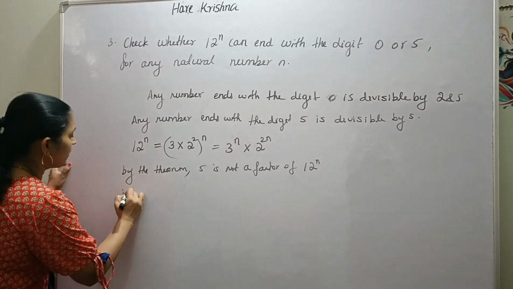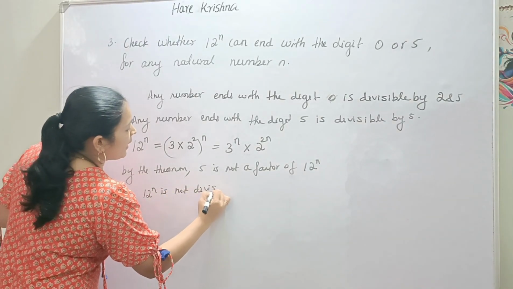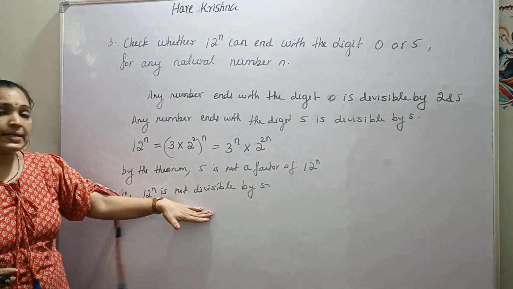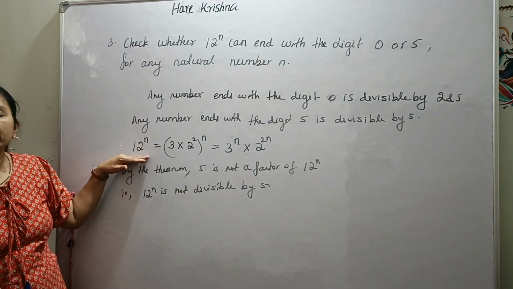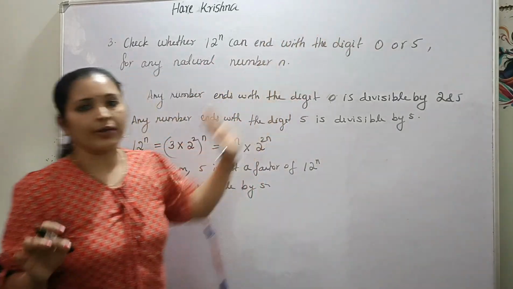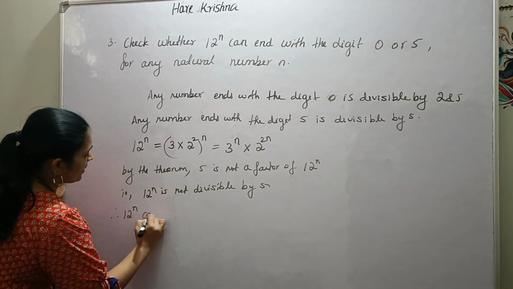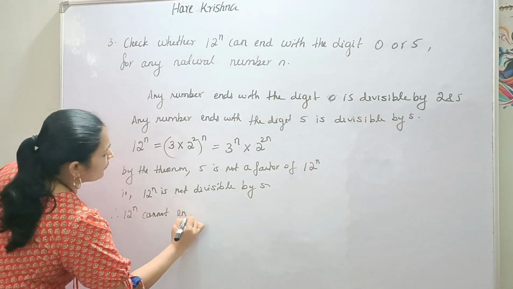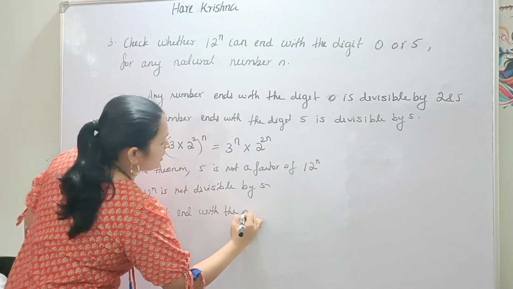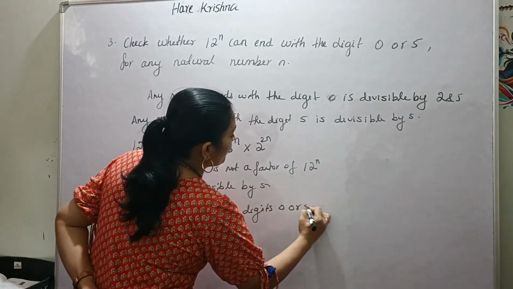Thus, the given number 12 raised to n cannot end with the digit 0 or 5.